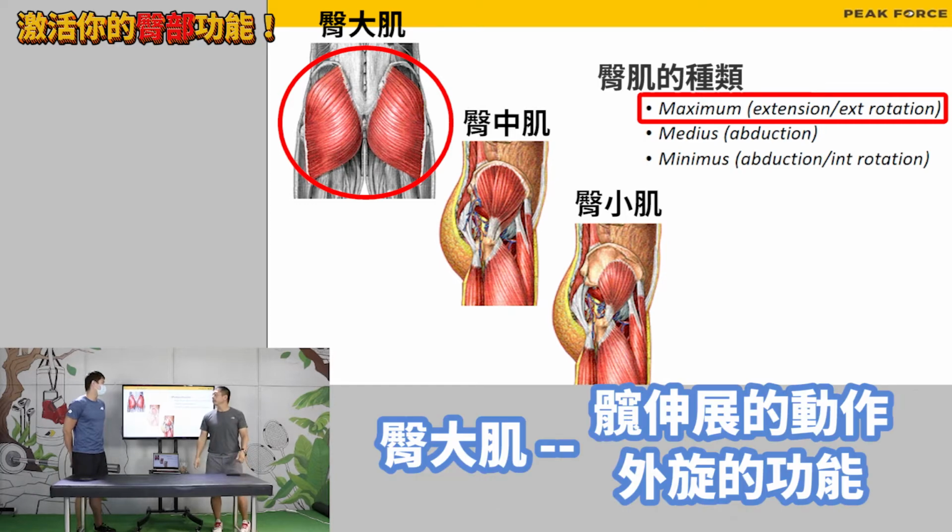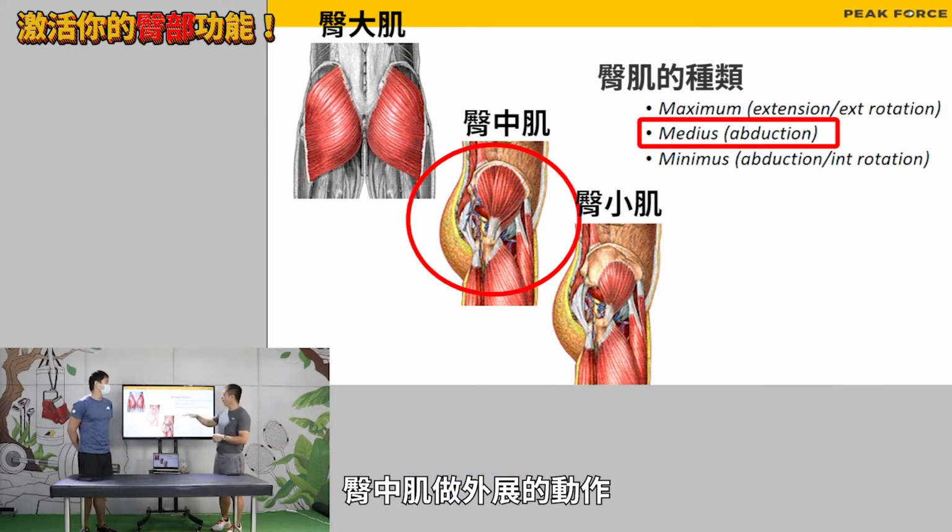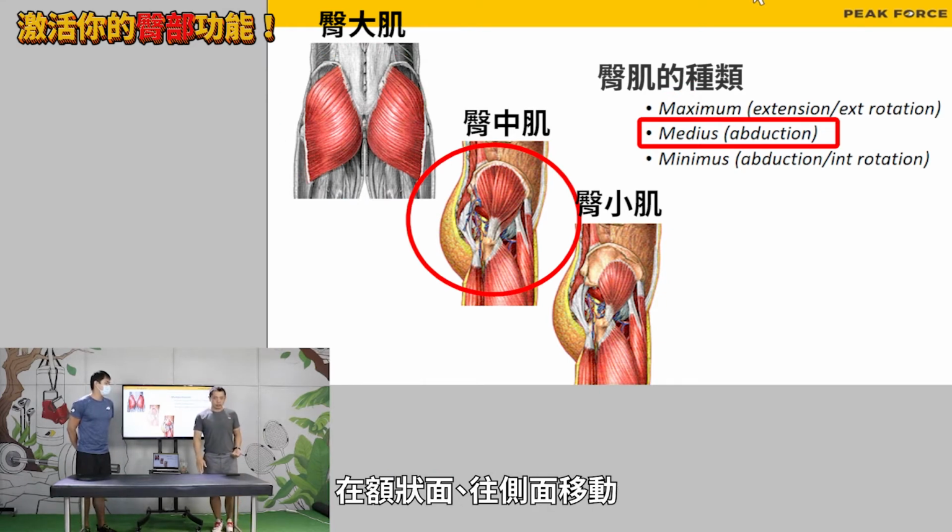And the medius muscle is actually for abduction, which is in what's called the frontal plane. It's going sideways.